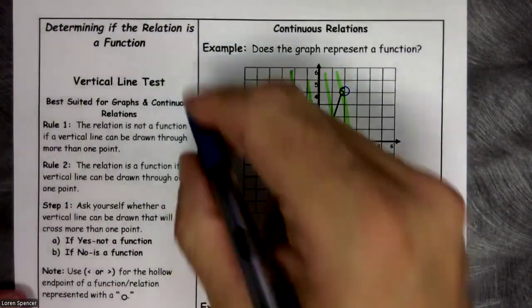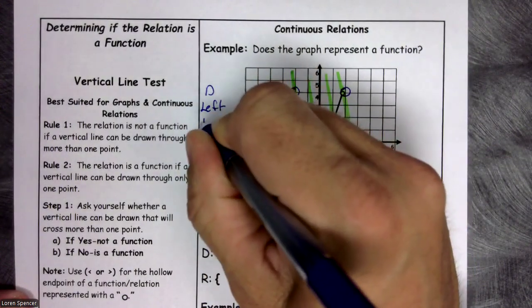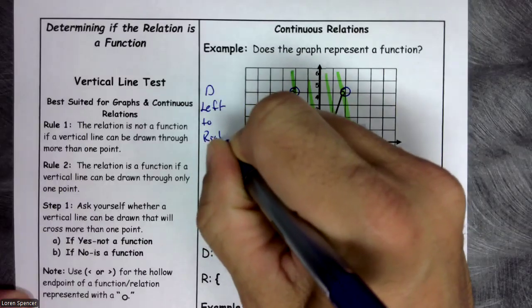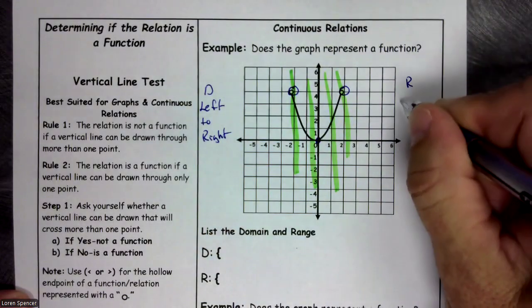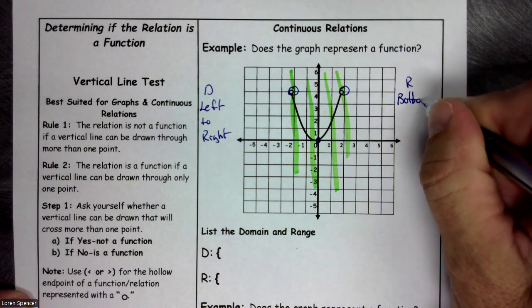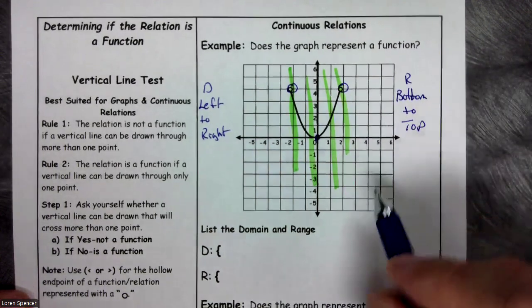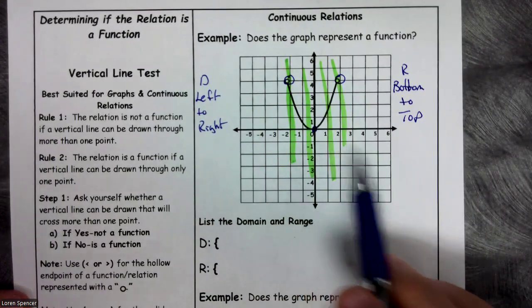Okay. And remember, domain is left to right, range, bottom to top. So starting with the domain, what's furthest to the left?